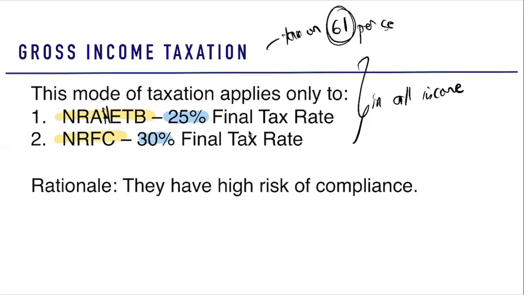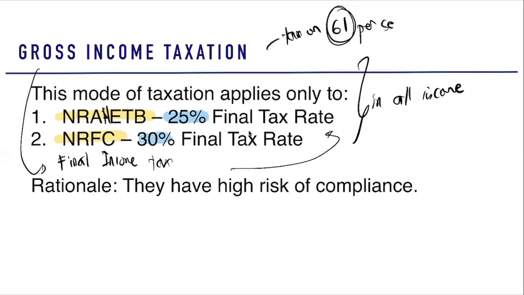So this gross income taxation is treated as a final income tax, and it only applies to these two persons, NRA-NETB and NRFC.